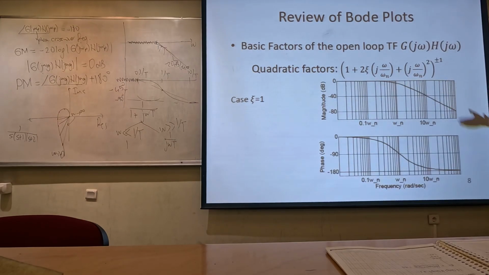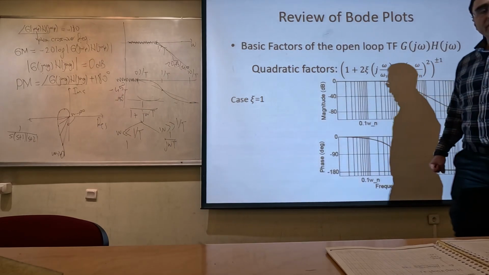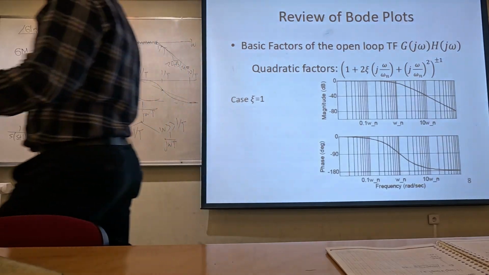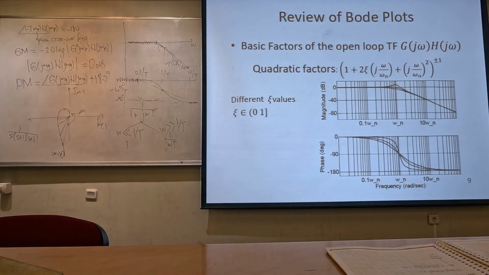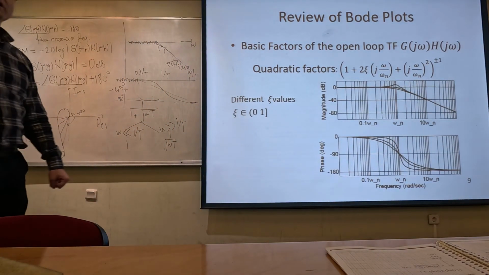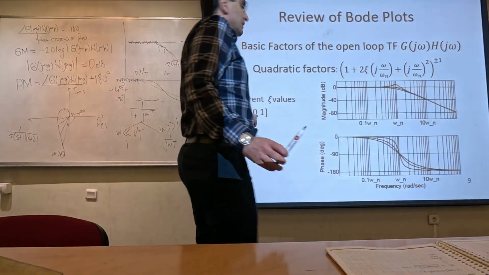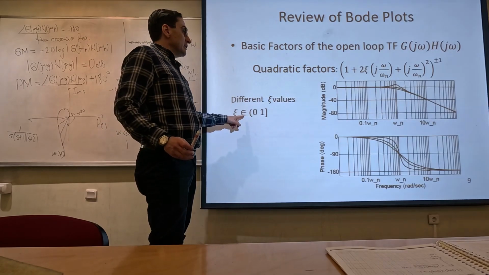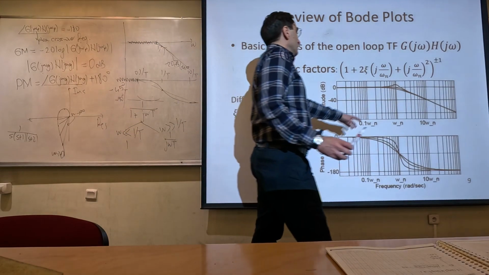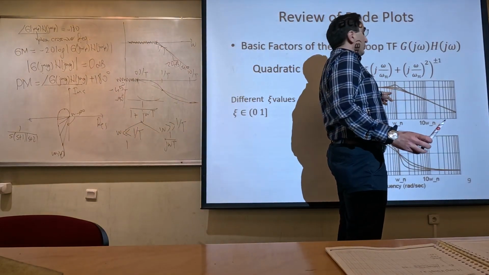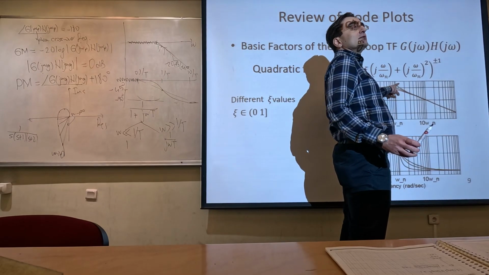So here, again, you are free to draw an asymptotic Bode plot, but you have to be aware that these asymptotic plots will be less and less accurate as the damping ratio gets smaller and smaller. If you decrease the damping ratio, you're going to see that these plots will start to have a peak here.